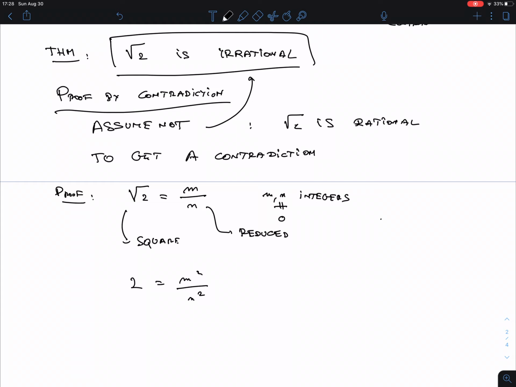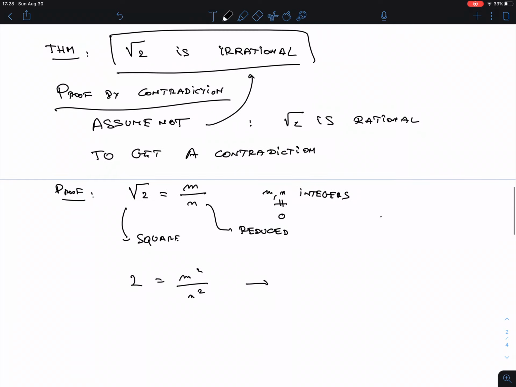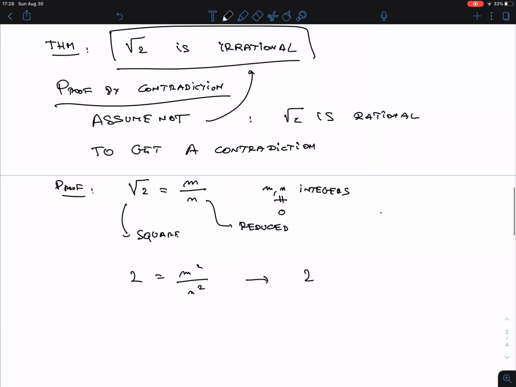That's what happens when you square a fraction. I don't want fractions anymore, so I'm going to cross multiply. 2n squared is equal to m squared. So this tells me that m squared is even, right? Because it's a multiple of 2.